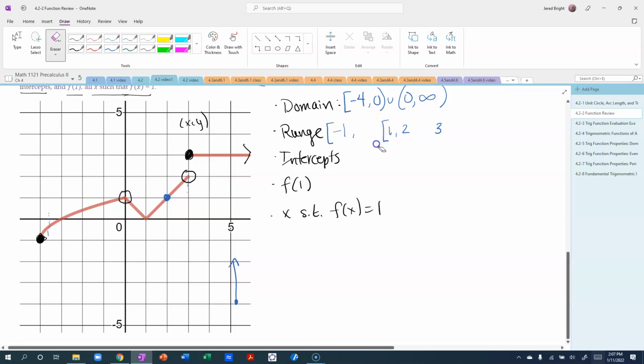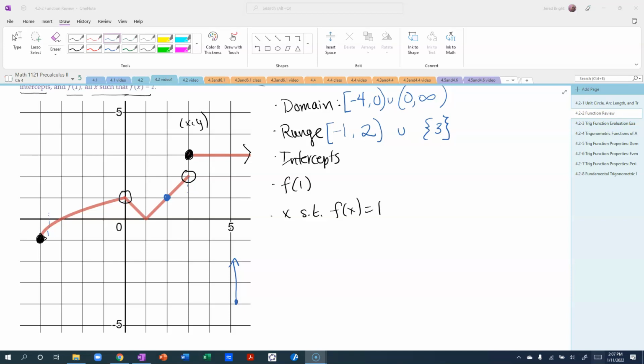So I just continue to 2, where I have a break, and then I union that with this chunk at 3, but it's just 3. How do I communicate just 3? Well, that's where we use set brackets, these braces. That one's a little weird. We do have to just say it's 3 alone, nothing more, and then we can continue on.